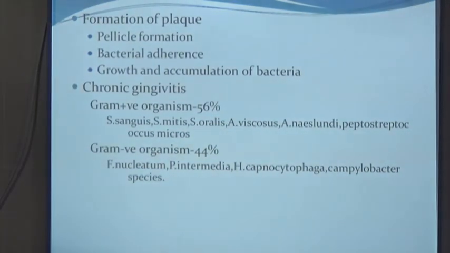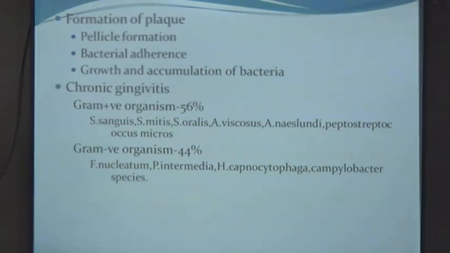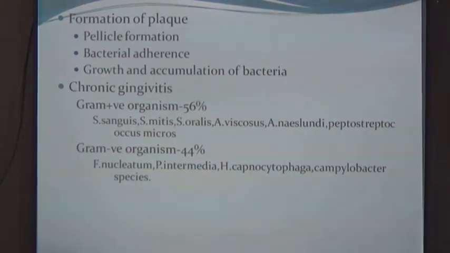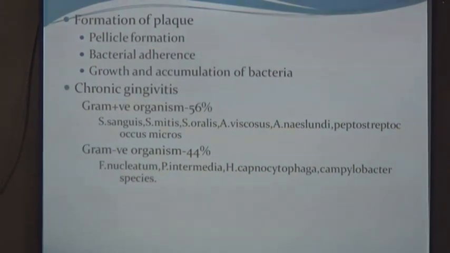So dental plaque doesn't directly attach to the tooth. It always has a pellicle between the plaque and the tooth. You have understood now? And then in chronic gingivitis, you will have gram-positive organisms 56%, gram-negative only 44%.